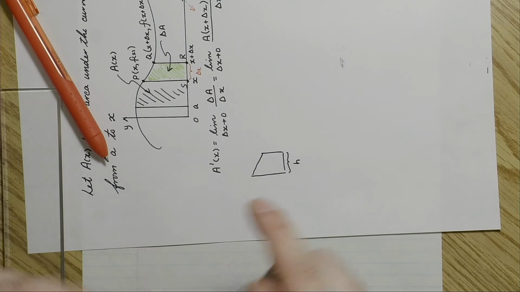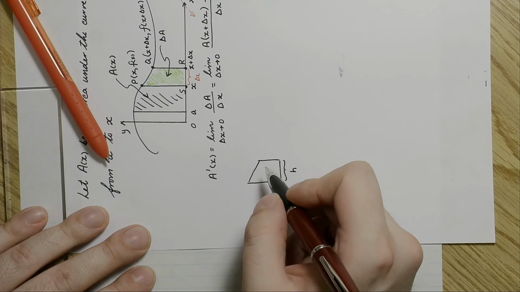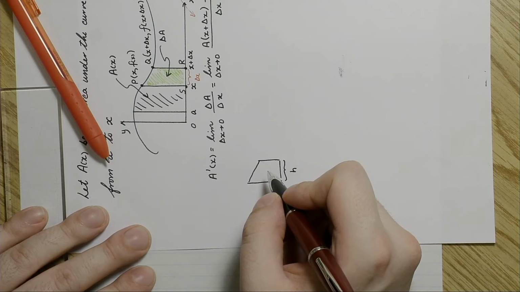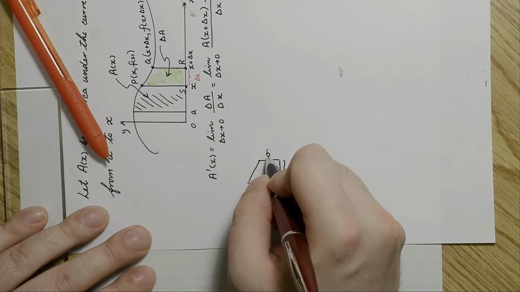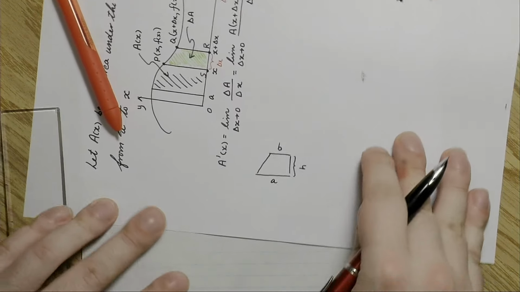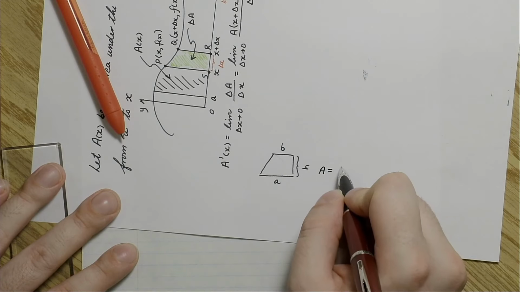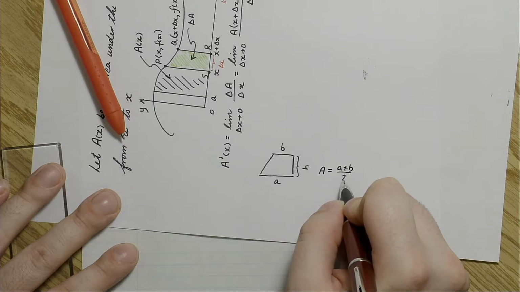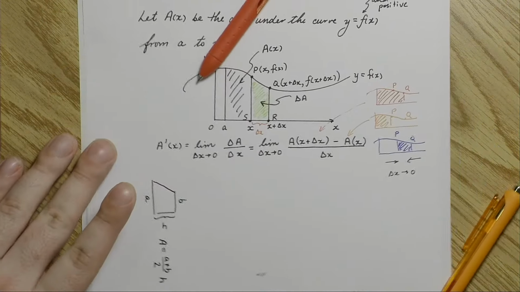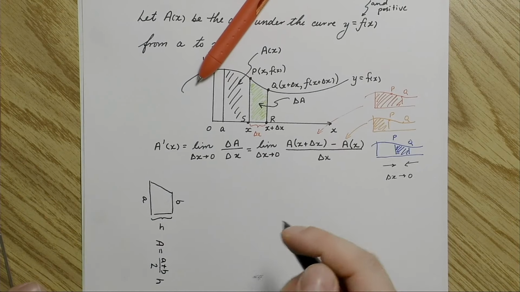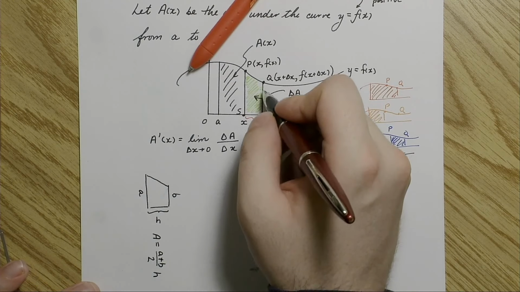There's the trapezoid, so there's the height, and then you usually have, let's call this A and this is B, and then that area is equal to (A plus B) over 2 times the height. So I spin it around, and I'm going to apply the same formula to this one right here.